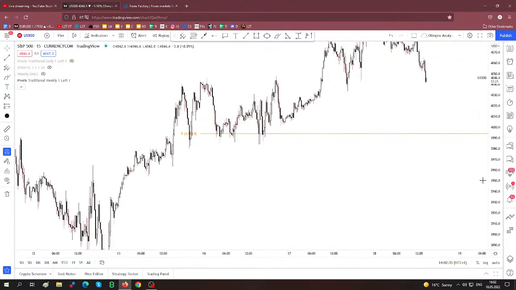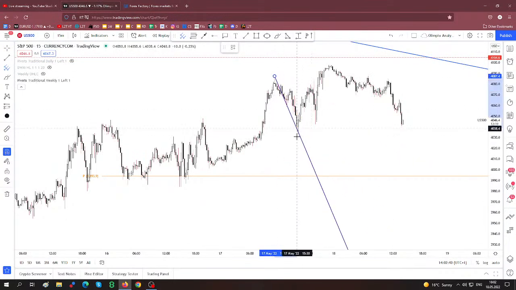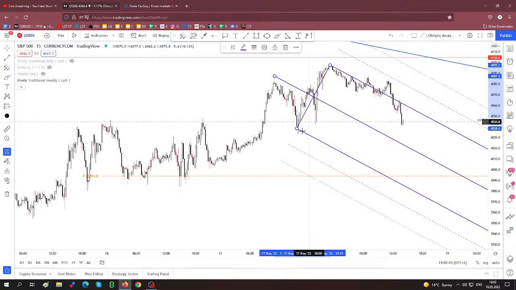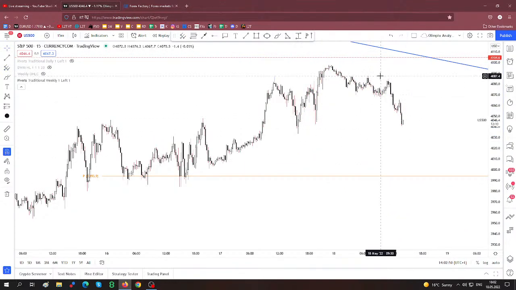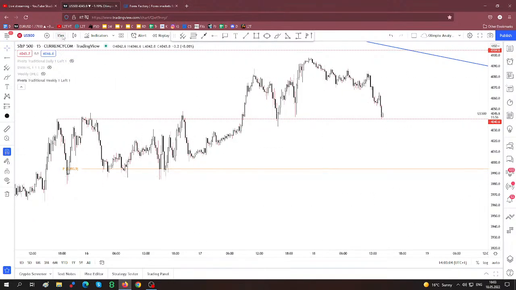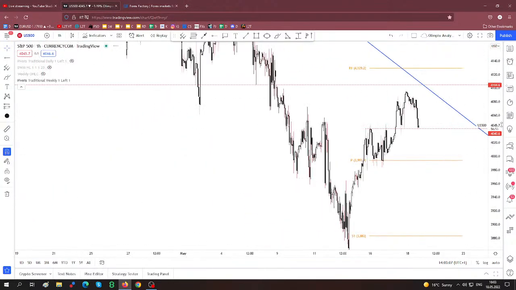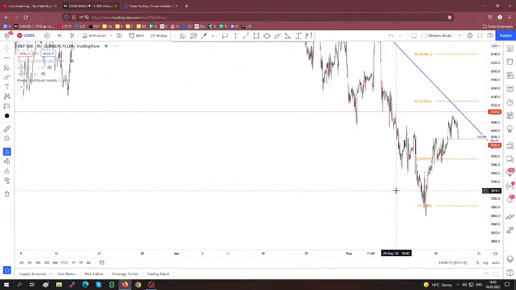Let's take a look on 15 minutes. I'll use this key level here as support, 4,040.6. I'll wait to see how it will react here, but as I've said, the US equities could come back down, could drop deeper if the US dollar will continue to appreciate versus others, if the US dollar will dominate the currency market.